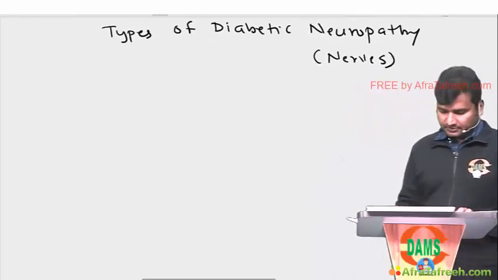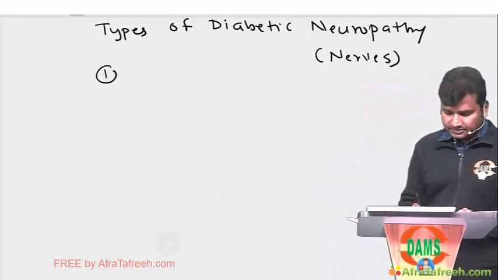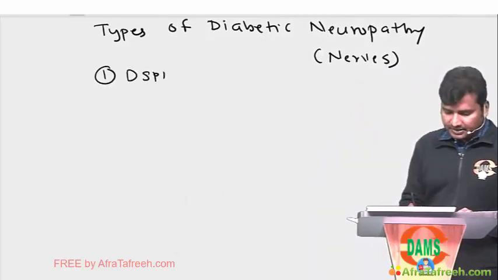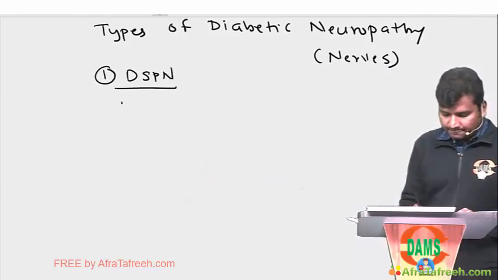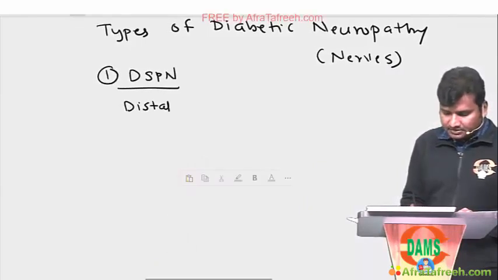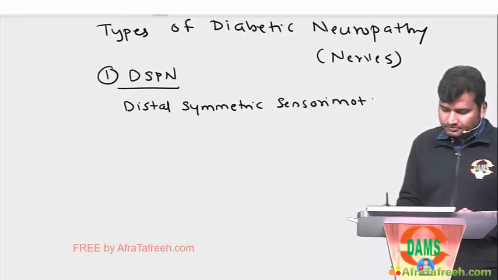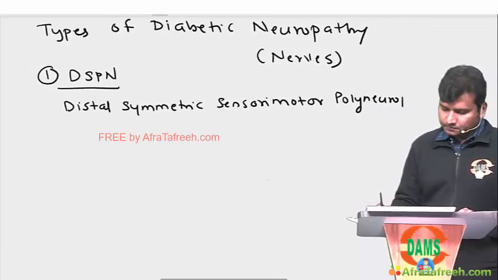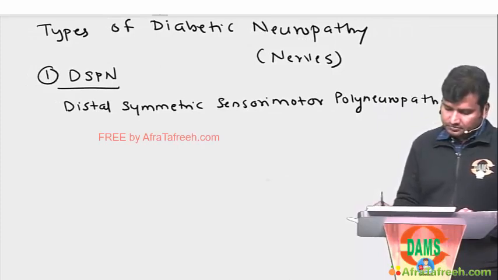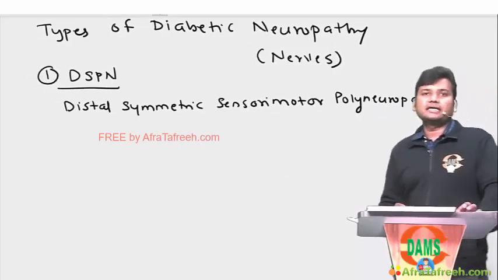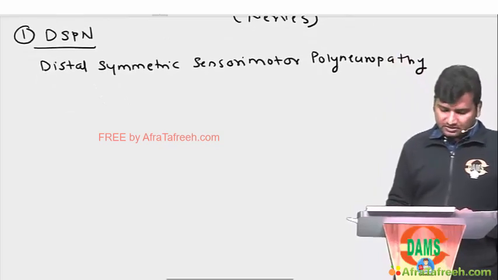The first one is DSPN. Full form, it is distal symmetric sensory motor polyneuropathy. Okay, it is called DSPN. Now what happens in this neuropathy?